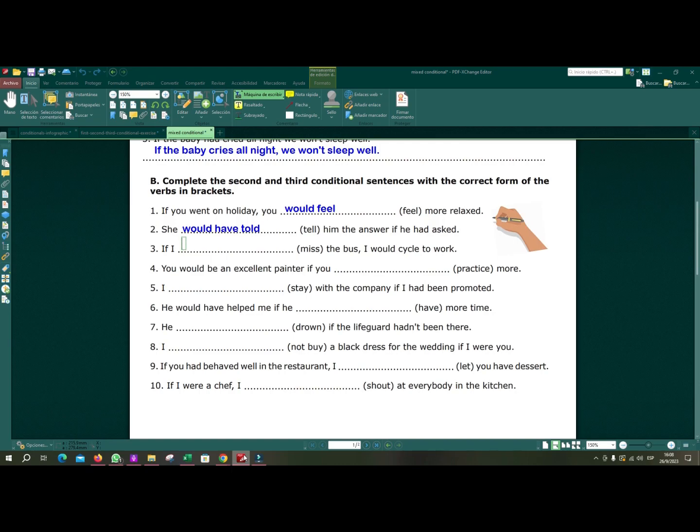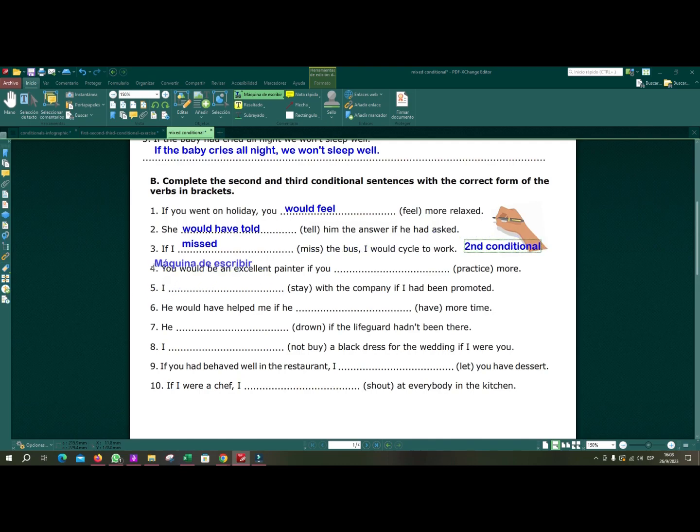No, no. Okay. Here you need the simple past, right? So if I missed the bus, I would cycle to work, because this is second conditional.